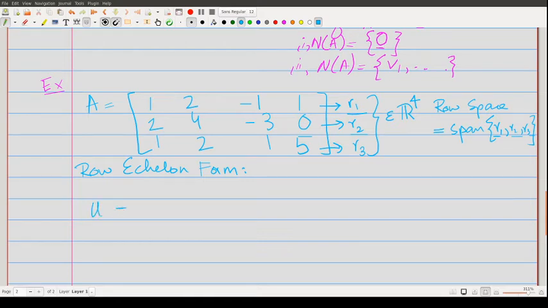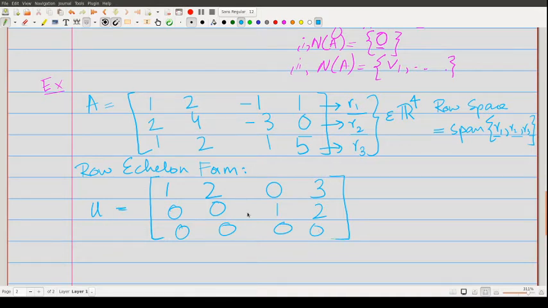I'm taking this example from the book, so I already have the row echelon form. You can check that the row echelon form for this matrix will be 1, 2, 0, 3; 0, 0, 1, 2; and 0, 0, 0, 0.